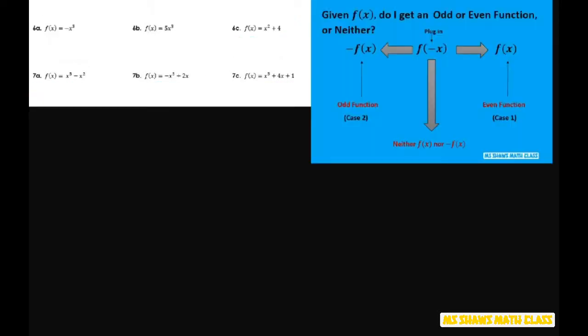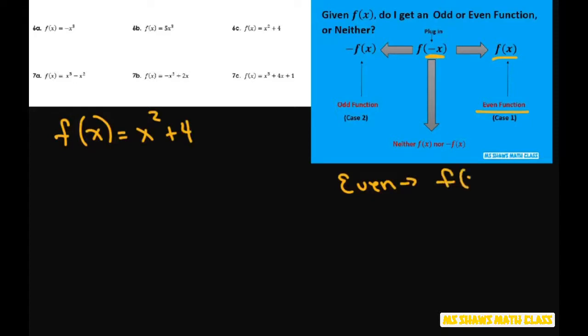So for the first one, we have f of x equals x squared plus 4. Now looking at my graphic organizer, if I plug in a negative x and I get back my original function, it's going to be even. And an even function gives me back my original. So it should look like this.